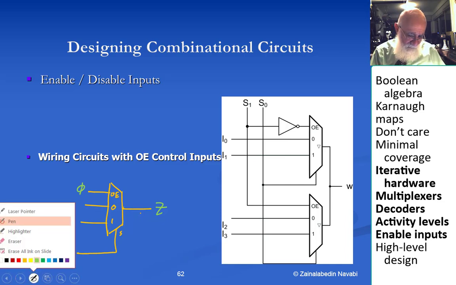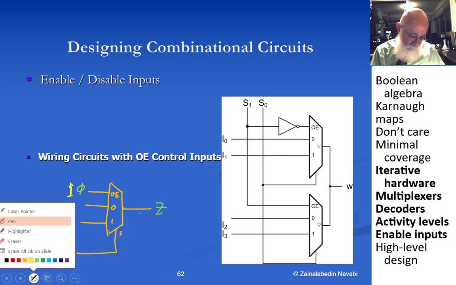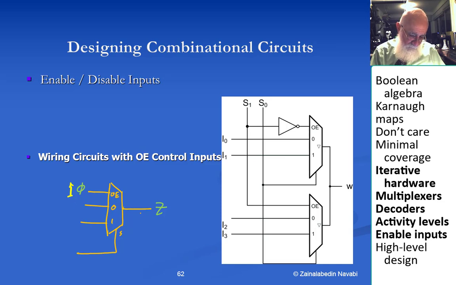If output enable is 1, then a 0 here would send this through.